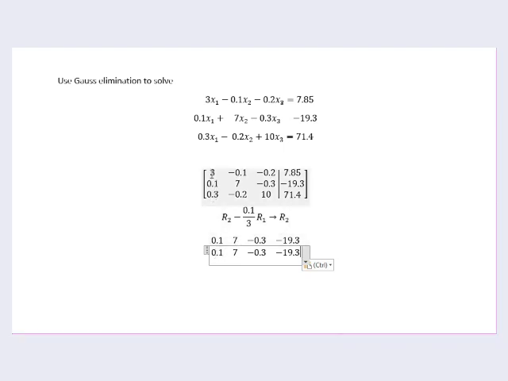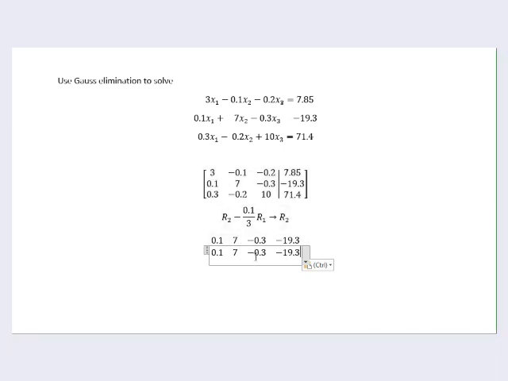So 3 multiplied by 0.1 divided by 3 is 0.1.